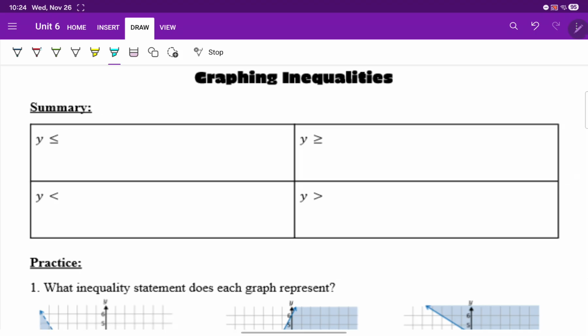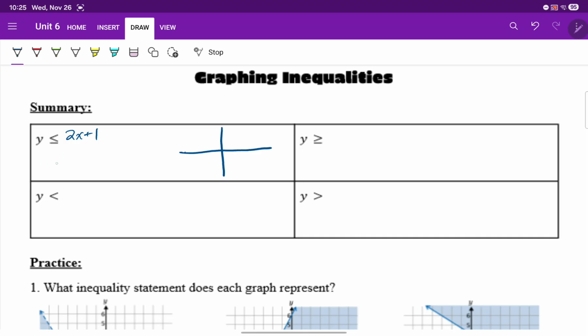So, in summary, I'm going to do a graph for each of these. Okay. 4y is less than, and I'm going to do a little equation here. I'm going to say maybe 2x plus 1. We want to know two things. Is this less than or equal to?